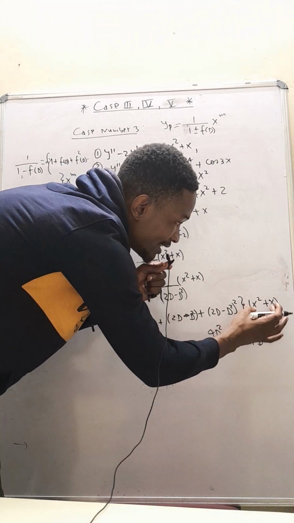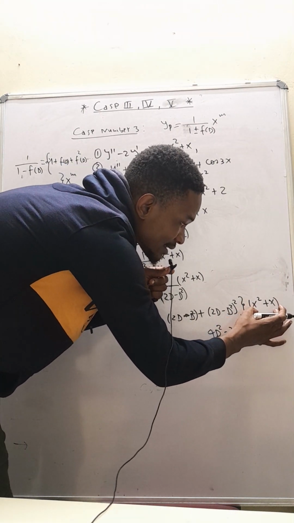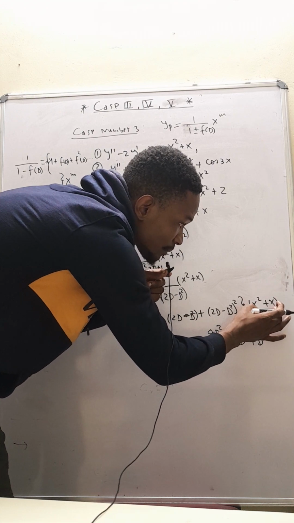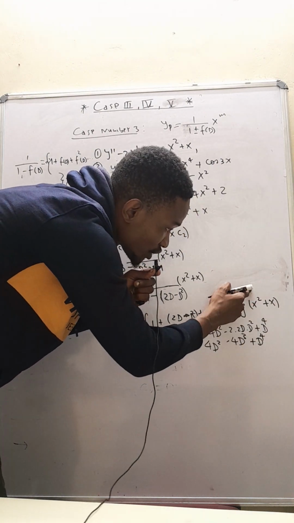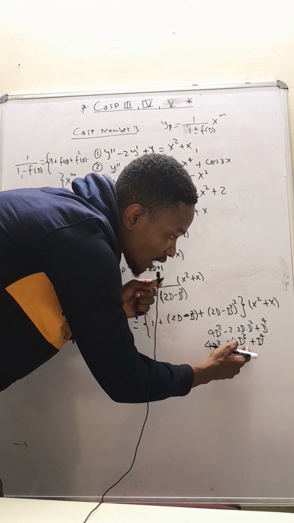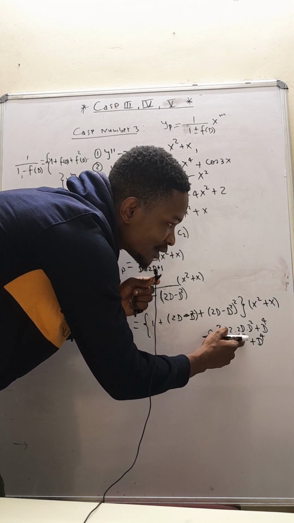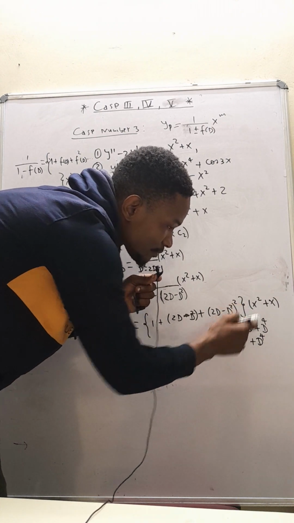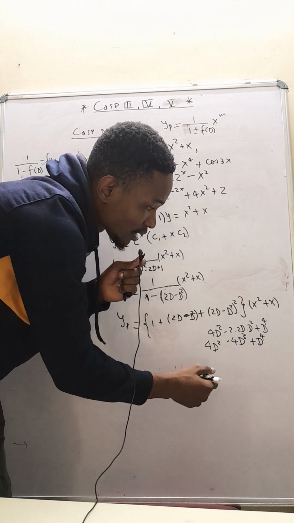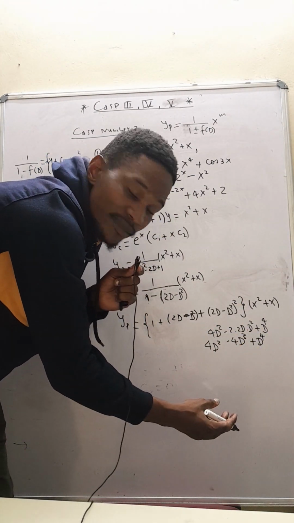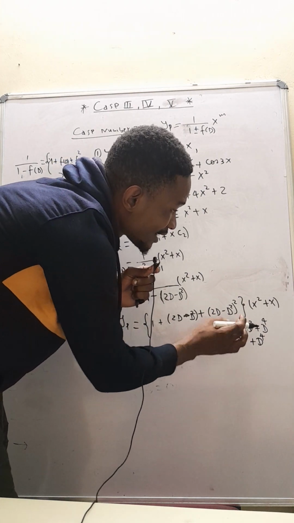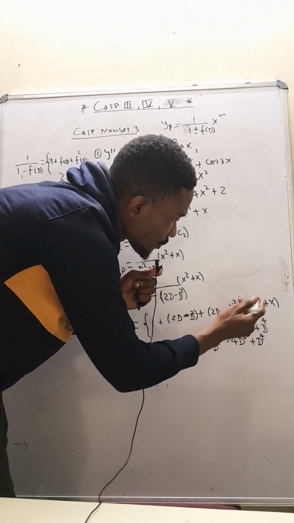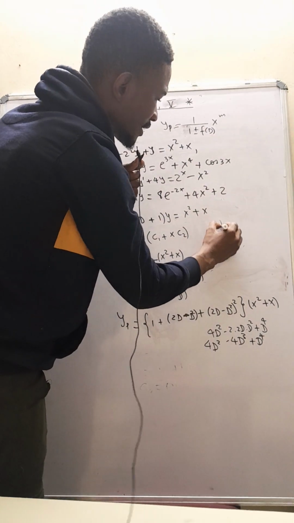If I derive this x squared plus x, the degree of this polynomial is 2, and the order of this operator is 3. So if I apply this operator to this polynomial, it will be 0. Because if I derive 3 times x raised to 2, it will be 0. So I can write something like this.